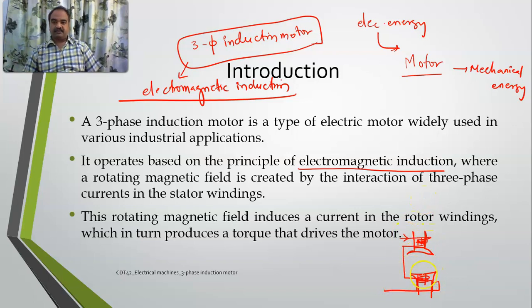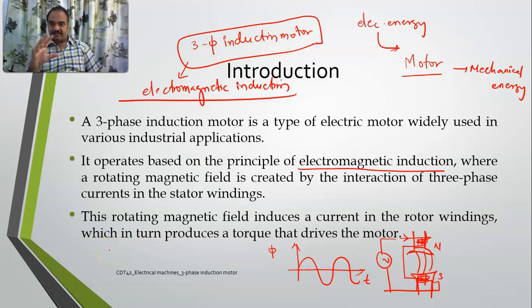So when a current is passing through it, automatically we will get a magnetic field, and these will act as north and south poles, right? So the magnetic field which is developed between these two, if I provide AC supply here, then the developed magnetic field will also vary with respect to time.